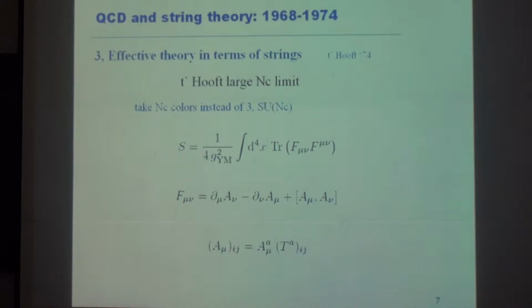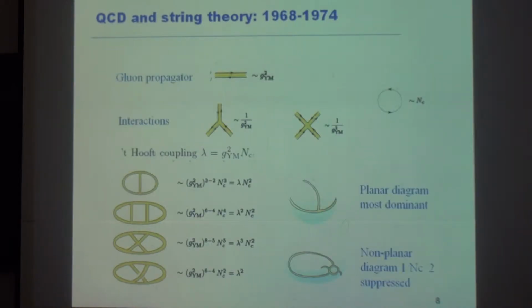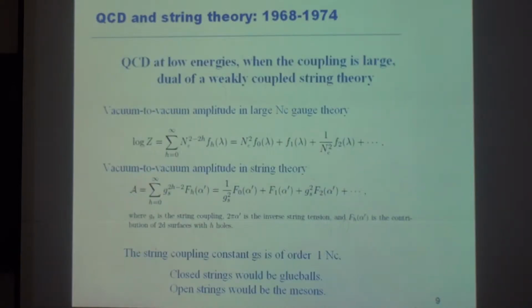He found some kind of duality between the effective theory and the string theory. Basically, this is in the large-N_c limit. I think Prem talked about this large-N_c expansion yesterday, so I may just go through that.